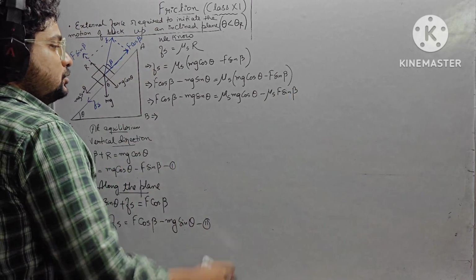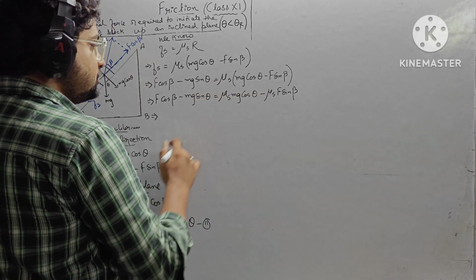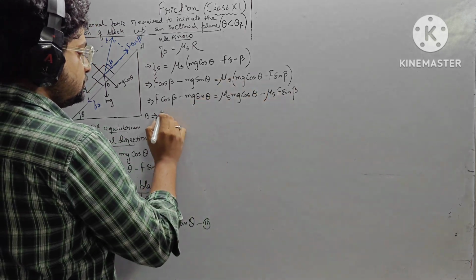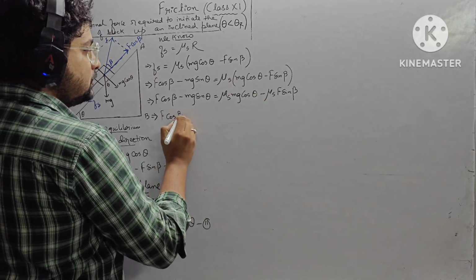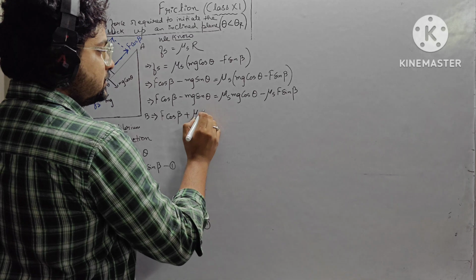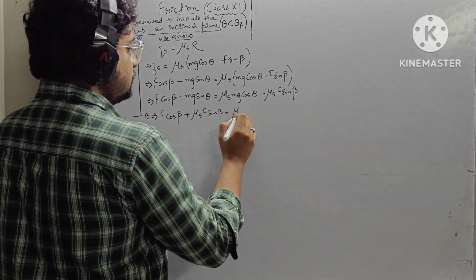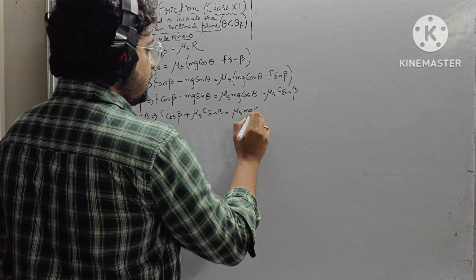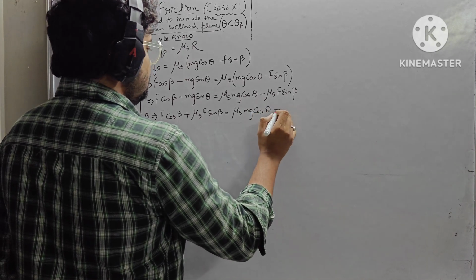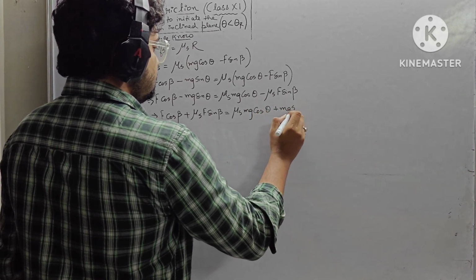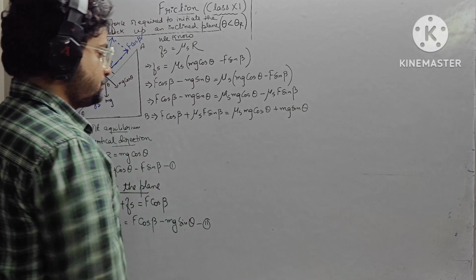Okay. So bring all the forces to one side, the external forces. So f cos beta plus mu s f sin beta is equals to mu s mg cos theta plus mg sin theta.